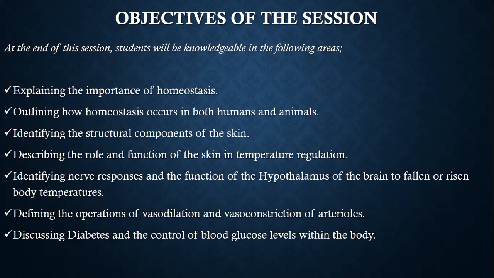We're going to identify nerve responses and the function of the hypothalamus of your brain when temperatures fall or rise. We're going to learn about terms such as vasodilation and vasoconstriction. We're going to learn more about diabetes and how glucose levels can be increased or decreased within the body and the hormones responsible for that.